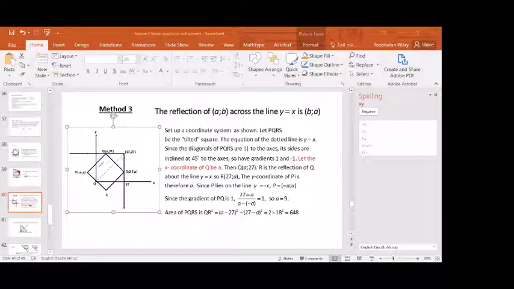Now, it's a very interesting fact that this point here, now watch, R is a reflection of Q across this dotted line.